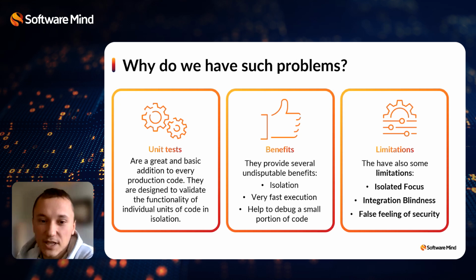It's some kind of integration blindness, which we need to balance somehow with something else. Unit tests may also give us a false feeling of security. So our application is immortal, right? And we've seen that a simple integration can destroy the whole thing.